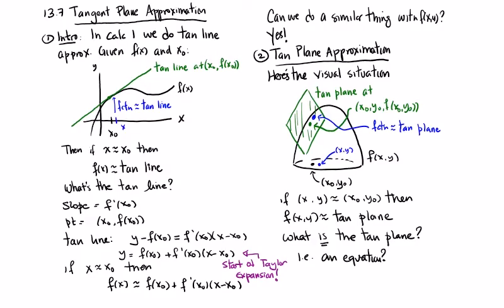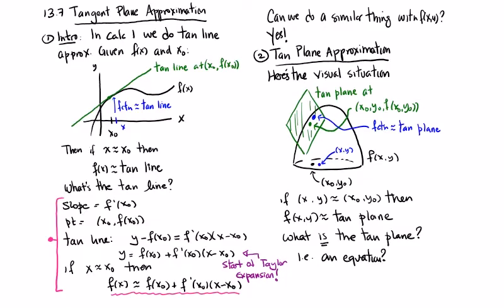Because it's only by doing that that we can go through this process that we did on the other side, right? The whole rest of this, right here in pink, was actually figuring out the equation of the tangent line. And then we could make this claim that came at the end. So we need to do a similar thing for the tangent plane. We need to say, okay, great, what is the equation of the tangent plane? Once we know that, we're good, because we just say, look, the function is approximately that.